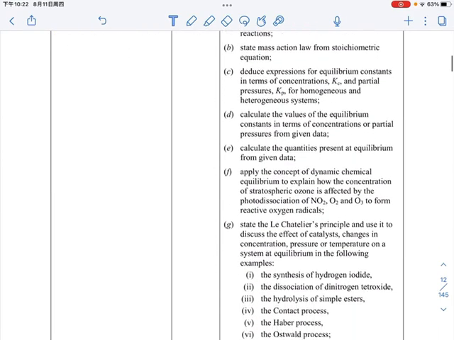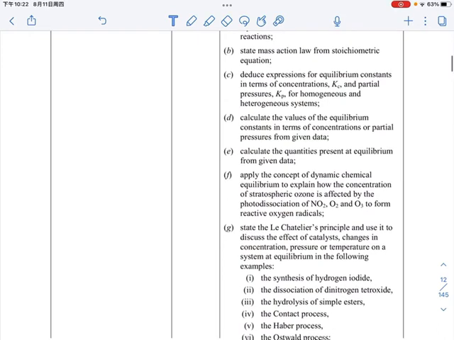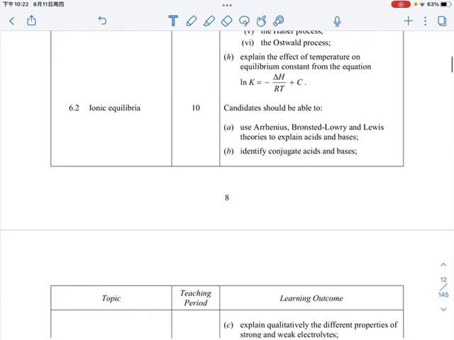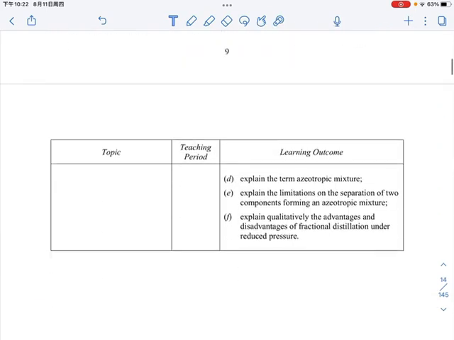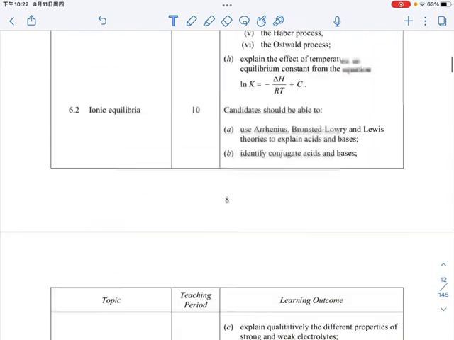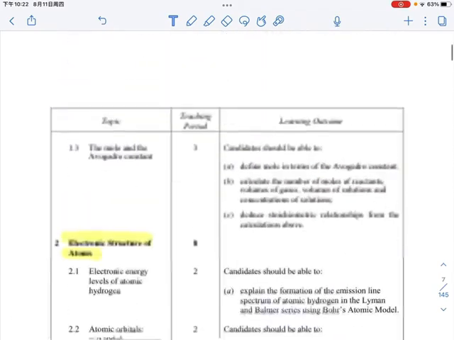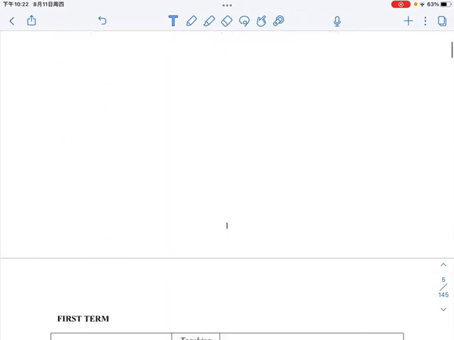Okay, then you will calculate the Kc, Kp, this kind of partial pressures. Then I think that's all. You only have 6 topics in your chemistry first term syllabus.